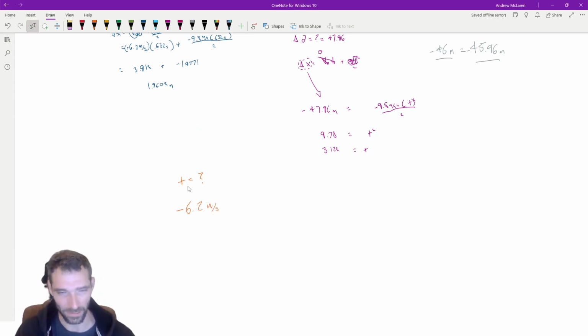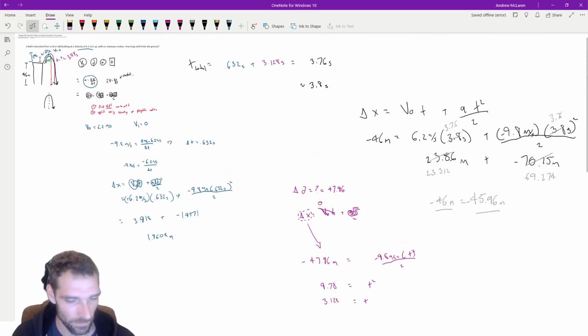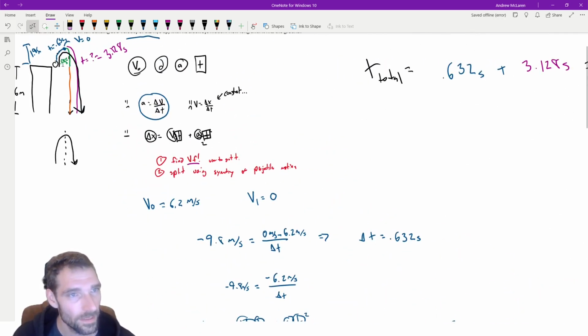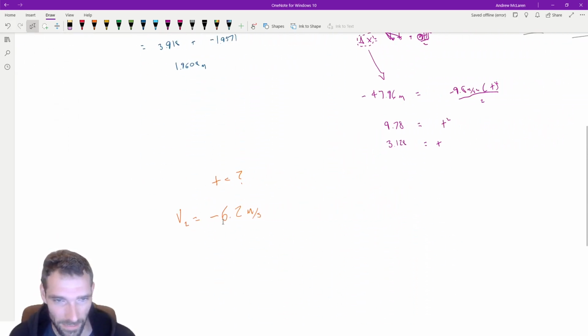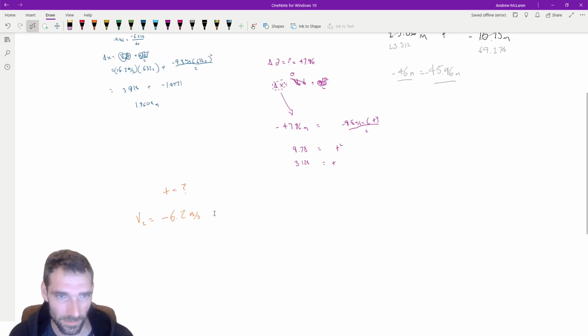It's going downward at that, I don't know, v2 we could call that, when we're at the same height, we're going the same speed here. So this could be maybe like a v2 that we're talking about. And you can figure out how long it would take for that to go down its distance.